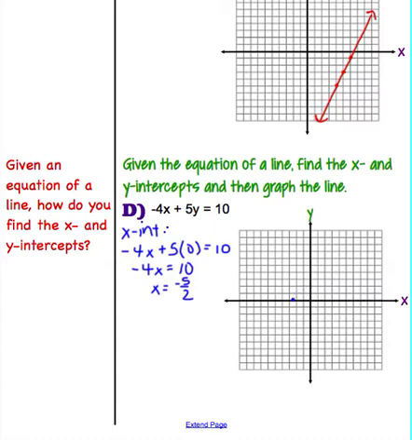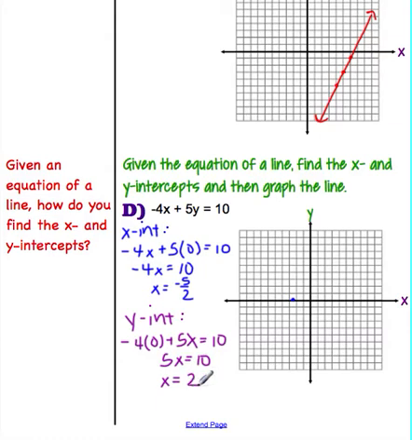And then I'll switch over to my y-intercept. And remember, my y-intercept is where it crosses the y-axis, so x equals 0. So now I'm going to put in 0 for x. So I have -4 times 0 plus 5y equals 10, which when I get rid of that -4 times 0 because it equals 0, I get 5y equals 10, so y equals 2.